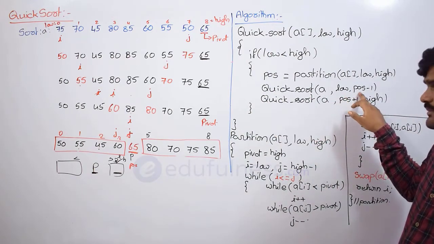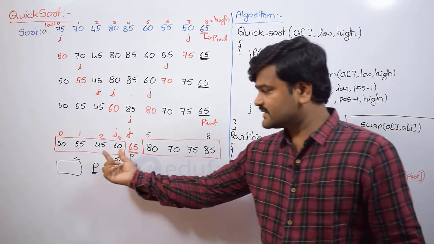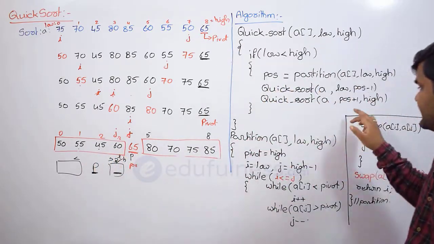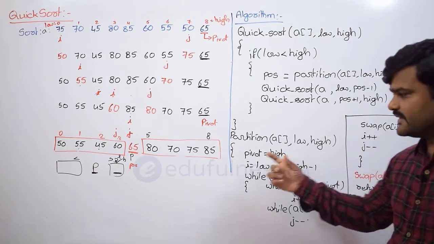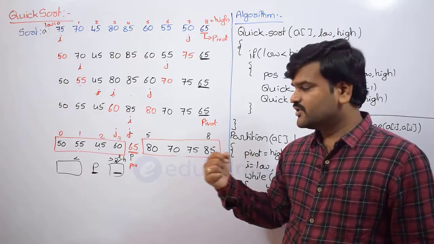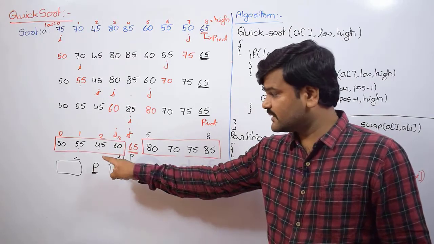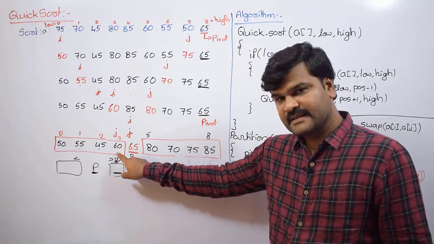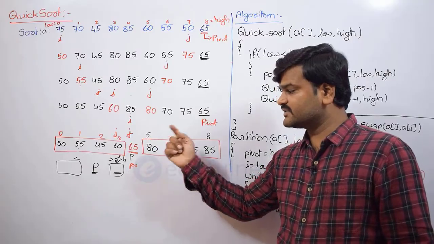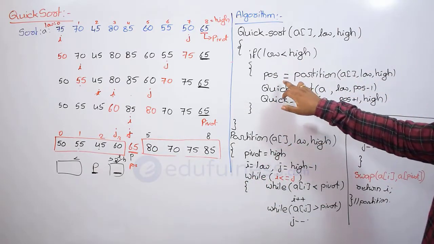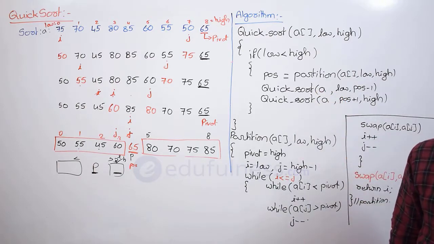You can see position - 1 as the highest index for the first function call, that is the first subproblem, and position + 1 for the second subproblem. So the highest index for the first subproblem is position - 1, and the lowest index of the second subproblem is position + 1. That is why the position where the pivot element is placed is required.